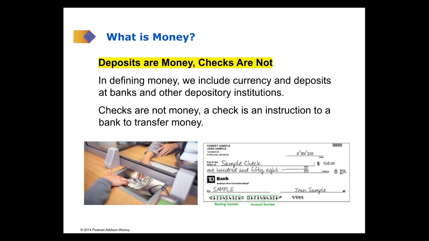It's just an instruction to a bank to transfer money from your account to another account. So we don't look, as economists, at checks as money. The funds that are in the bank that checks are being written against, that's considered money.